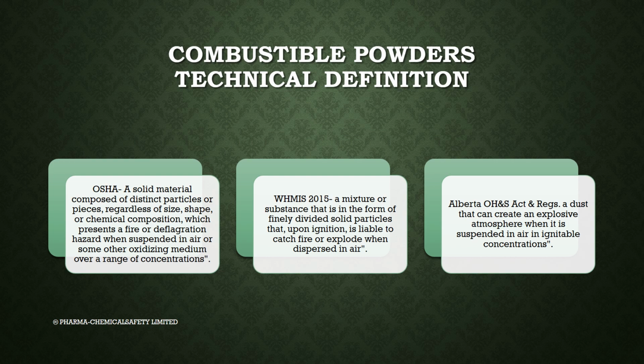It's a finely divided material that comes in contact with air, and if we have the right amount, that's the very basic definition of combustible powder. Some, like NFPA, add more technical words, but at the end it's the same. It comes in contact with air, and if you have the right amount, you might have a deflagration at the end.